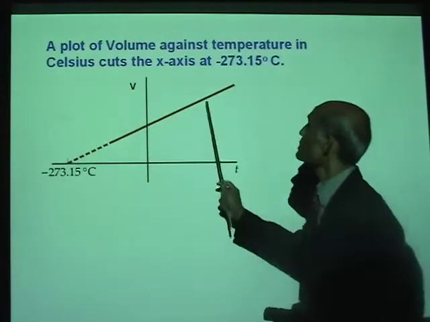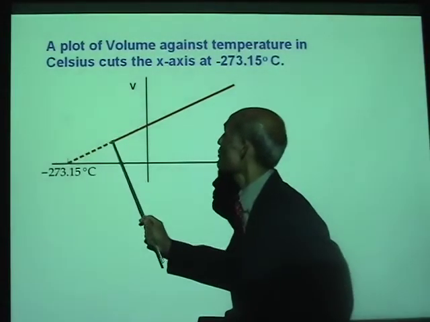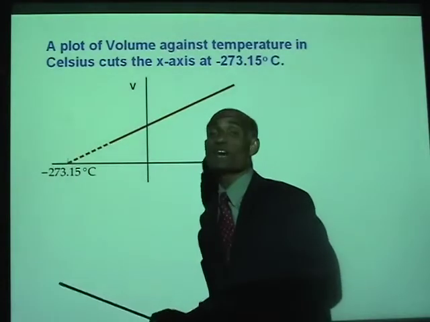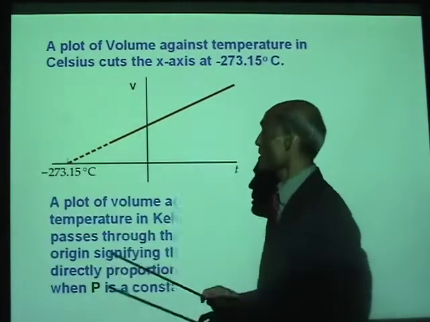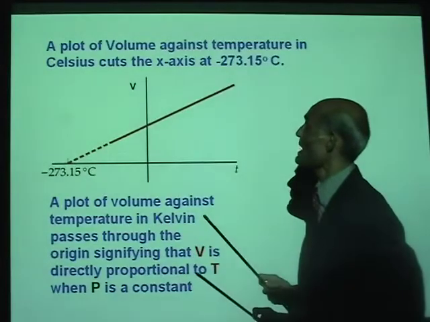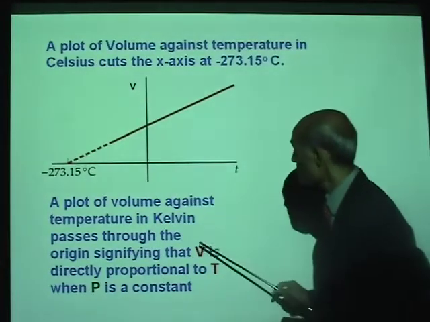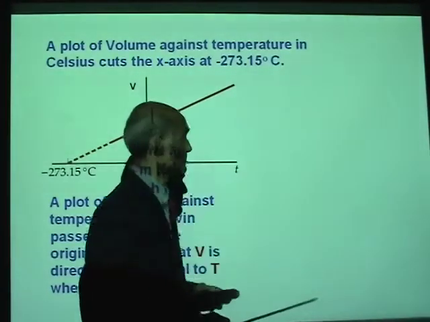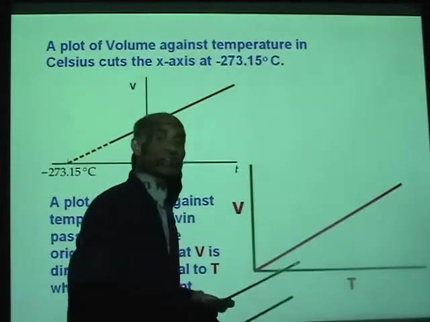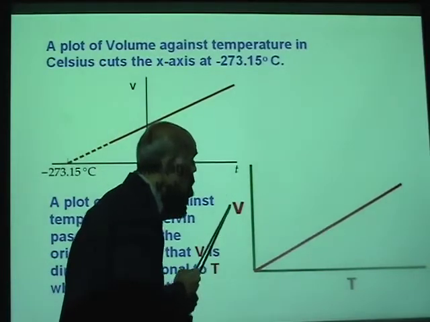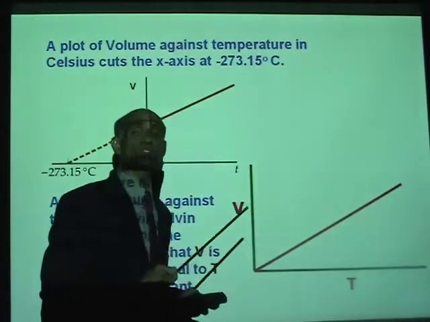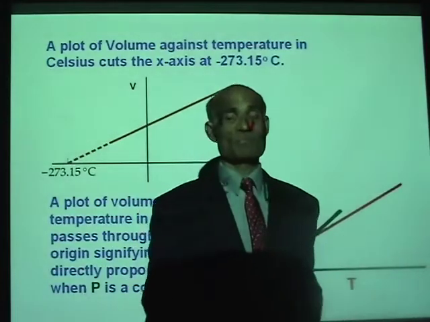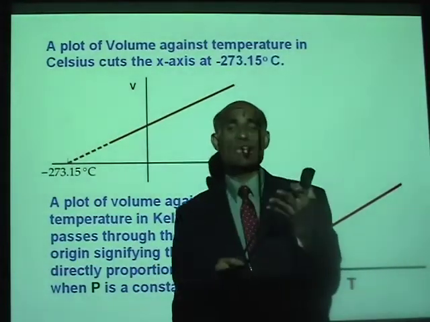Volume against temperature will be a graph like this, which will meet the temperature axis again at 0 Kelvin. So if you plot now the graph of volume against temperature in Kelvin, what will that graph be? It will pass through the origin, telling us that V is directly proportional to Kelvin temperature, and that is Charles' law.